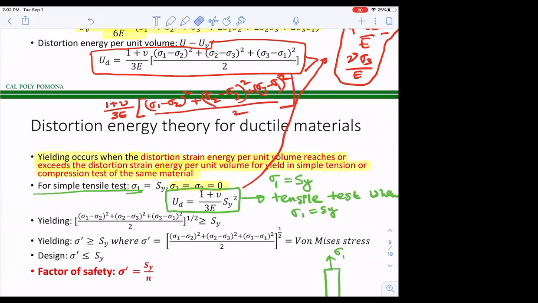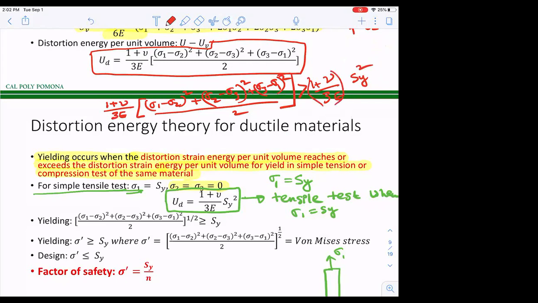That is greater than (1 plus mu) divided by 3E times SY squared.